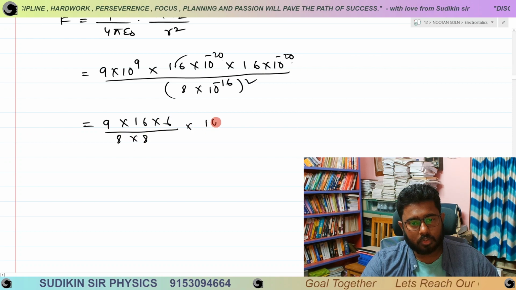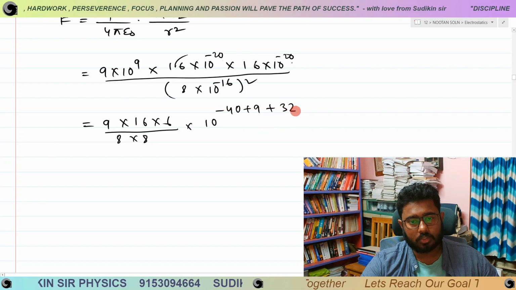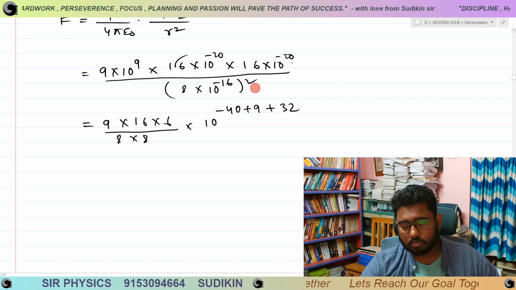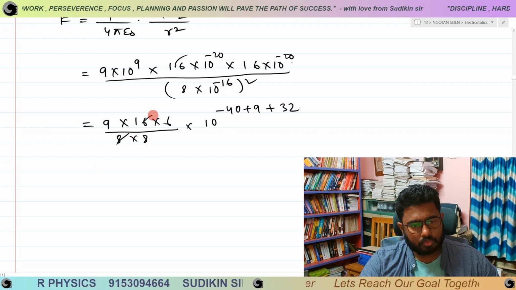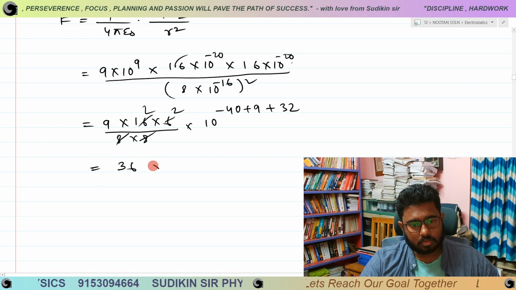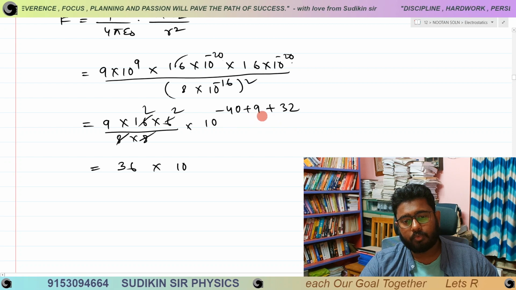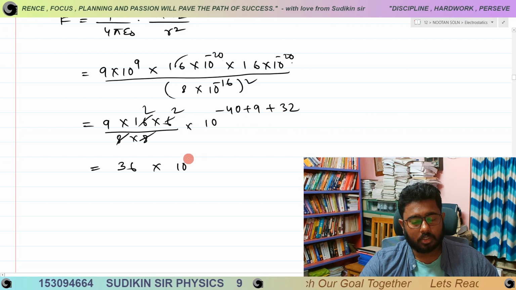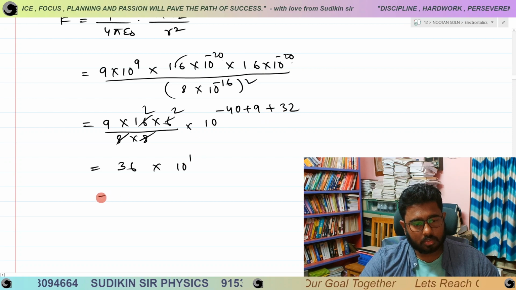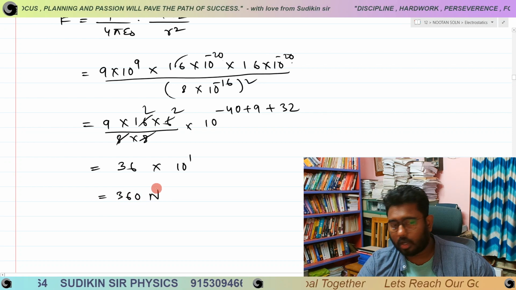The power we will do together, that is minus 40 plus 9 plus 32, because 16 square is 16 to the 32. So this will be 2, this will be 2, 4. 9 4s are 36. So 36 into 10 to the power, 32 plus 9 will be 41, 41 minus 40, that will be 10 to the power 1. So that will be 360 Newton. Okay, yeah, this is the answer.